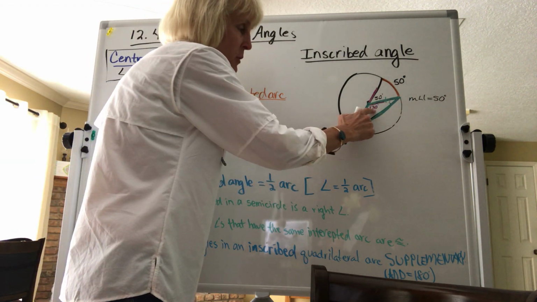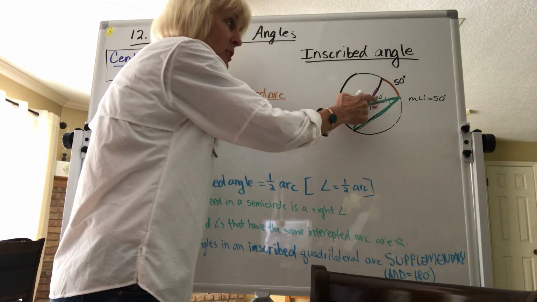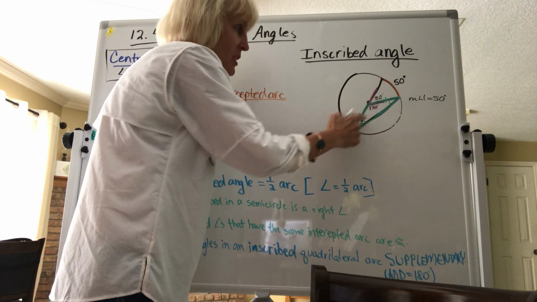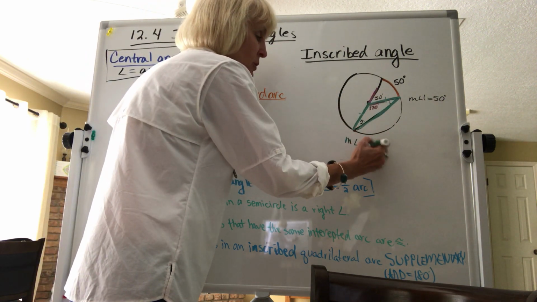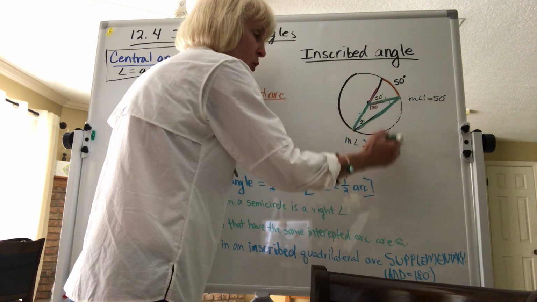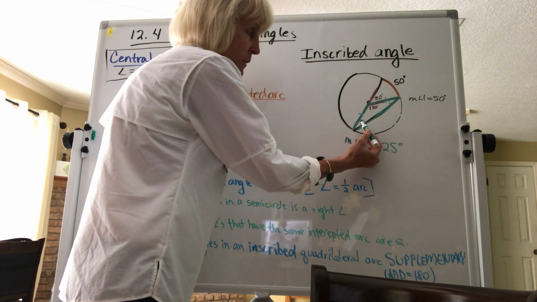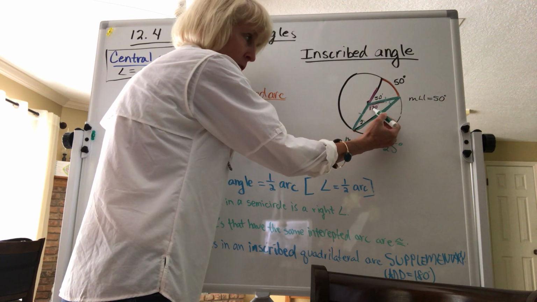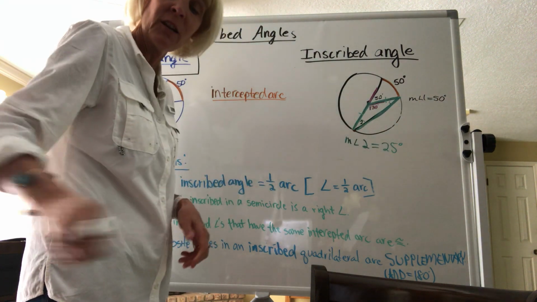So really all we're doing is saying 180 minus 130, we're back to the 50, and then we have to divide that by 2. So the measure of angle 2, to make 180 degrees here, would be 25 degrees. So I'd have 25, 25, 50, and 50 plus 130 gets back to our 180 degrees. Remember, every triangle has to be 180 degrees.